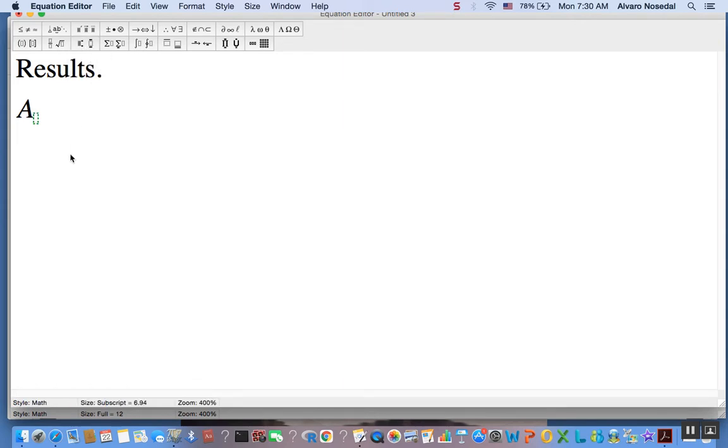It will be very important to keep track of those dimensions. So A is, as I said, a matrix of constants.